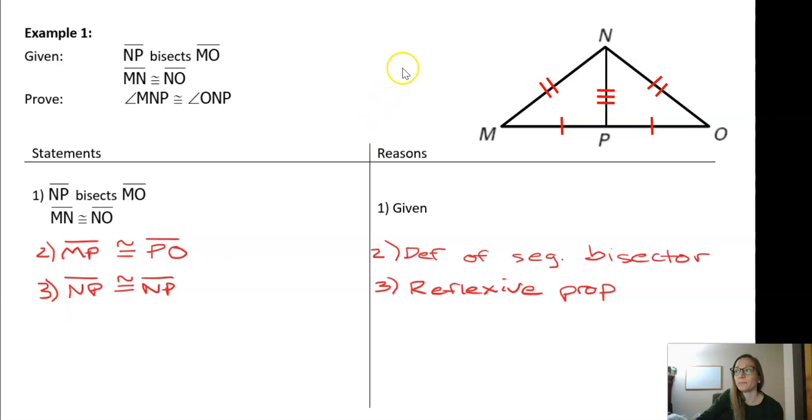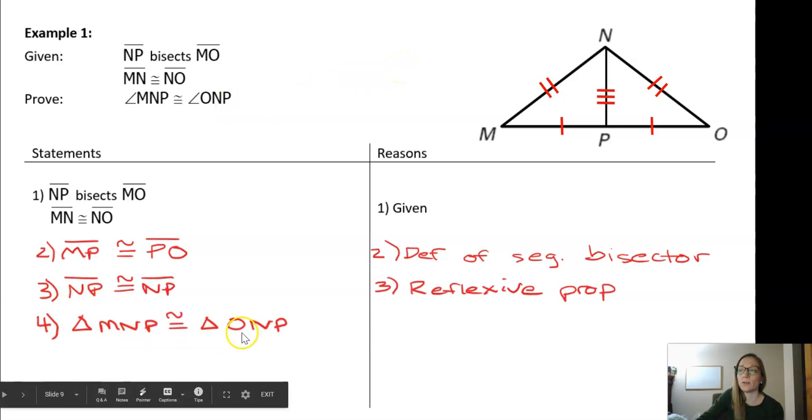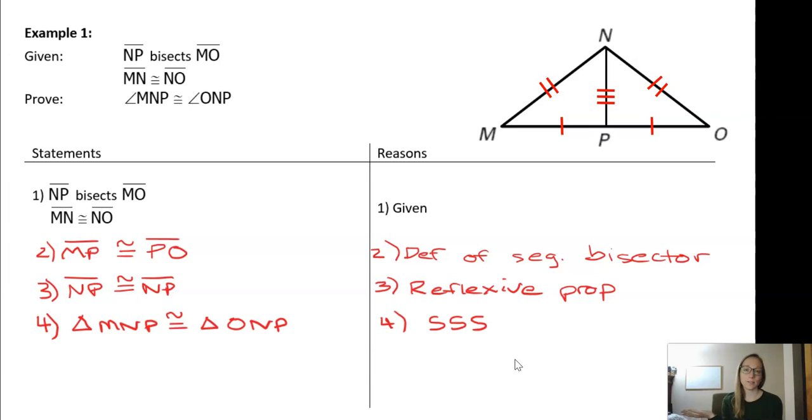After that, now I can say the triangles are congruent. So now I can say that triangle MNP is congruent to triangle ONP. And what would be the reason? SSS. So now that I know that the triangles are congruent, I can say that any of their corresponding angles are congruent because the whole triangle is congruent to the other whole triangle.